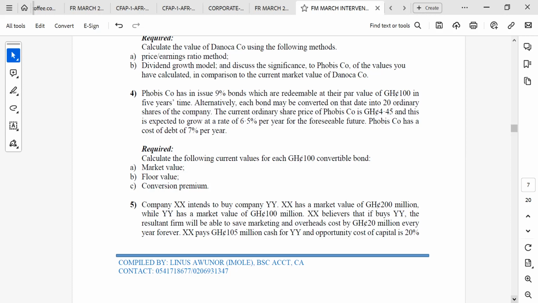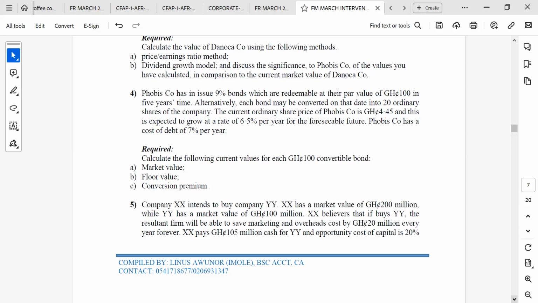So this particular question is about calculating the value of a convertible instrument. They are asking you to calculate the value of a convertible instrument. First of all, what you have to know is that the instrument can be redeemed at par, or it can be converted into equity shares. So what you do first is see whether the instrument will be converted.